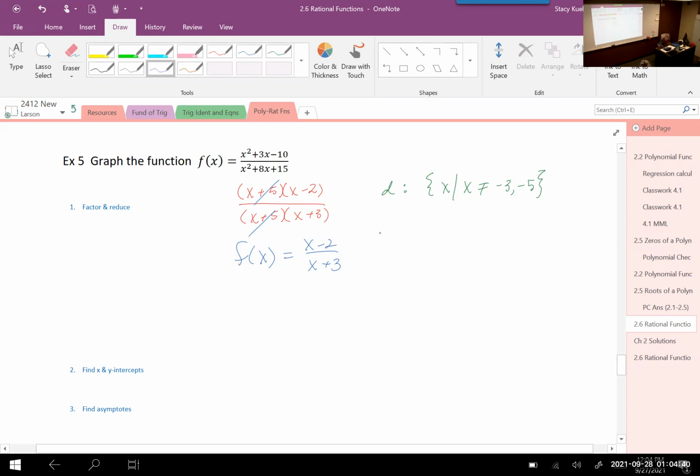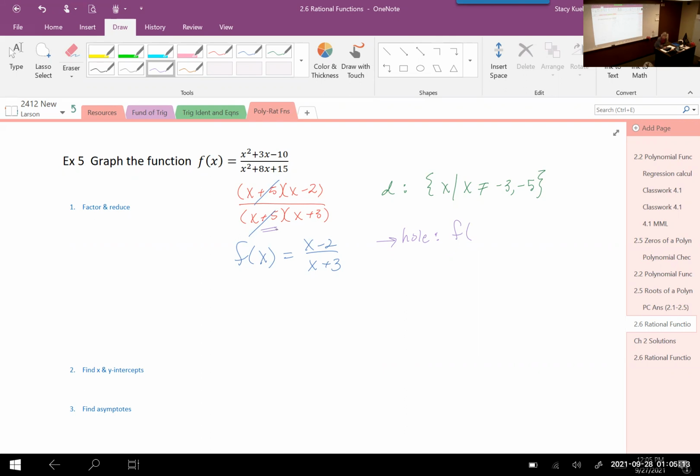So I'm going to come over here and I'm going to address the hole. I want to know what's the ordered pair that's representing that hole. And I can find it by plugging in the value that causes the denominator to be 0, right? So that -5, when x is equal to -5, we have an issue, right? That's where we have the hole.